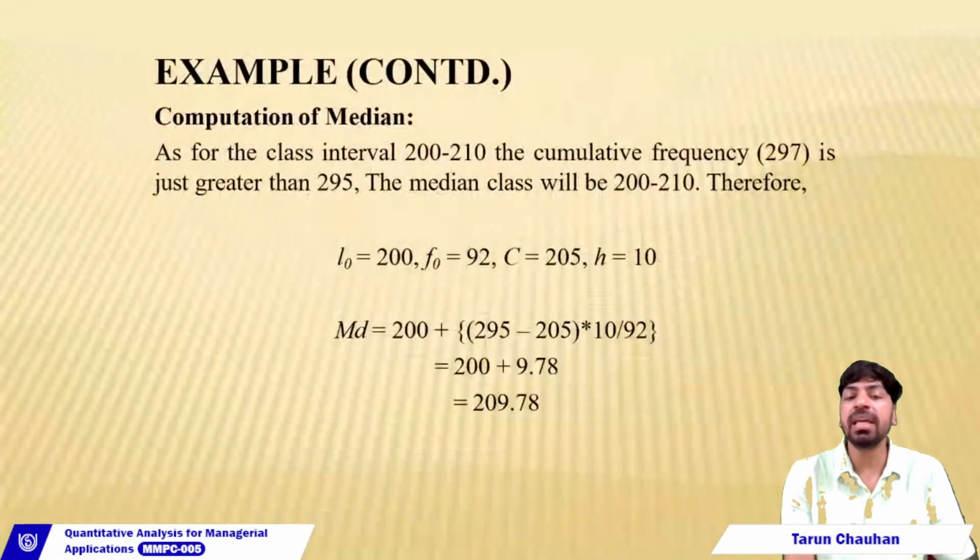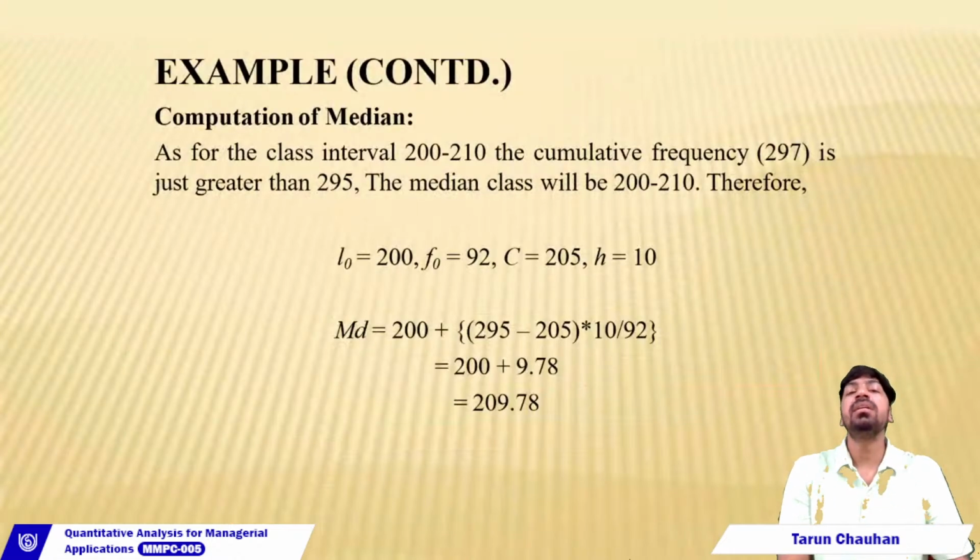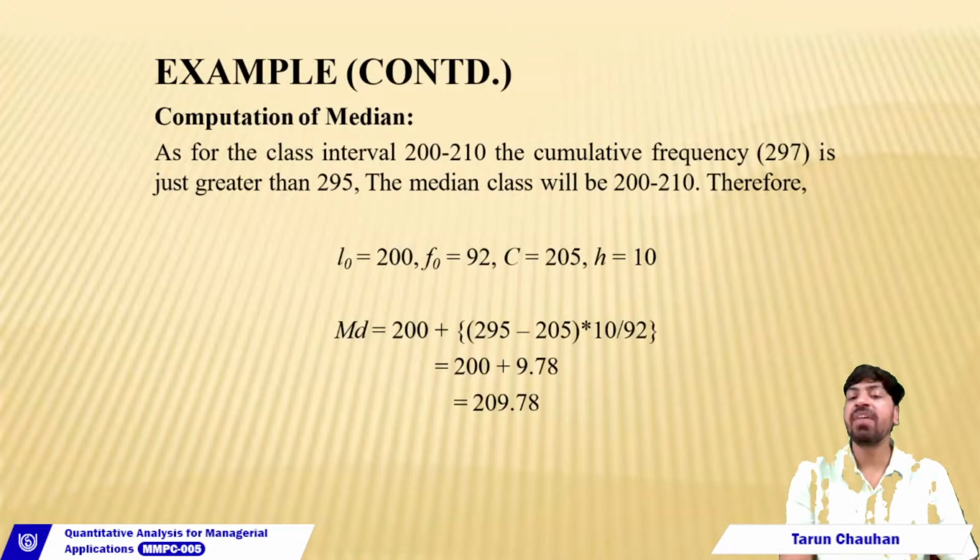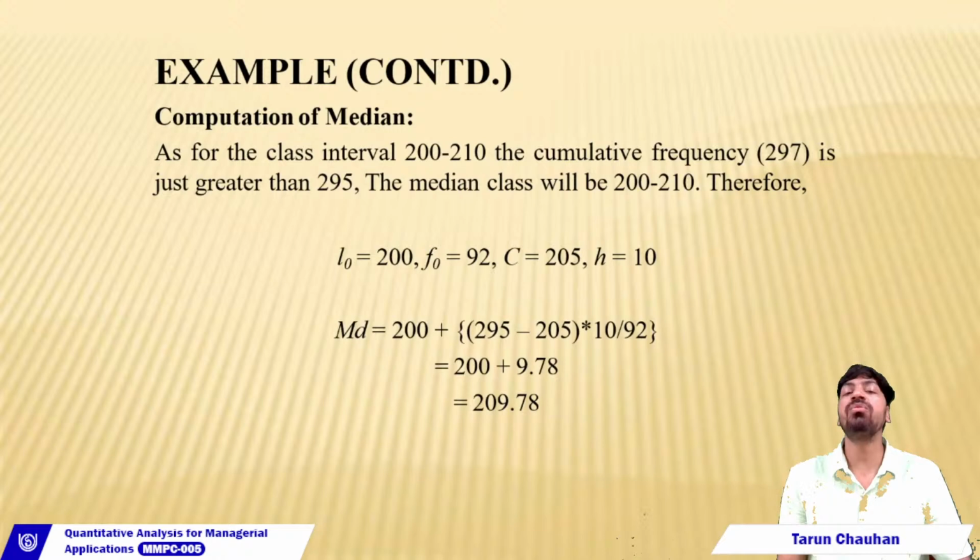So the formula says median is lower limit L plus 295, that is n by 2 item or term, minus C, where C is the cumulative frequency, divided by F, into H. Here F is 92, H is 10. Once you put the values into the formula, you will get the median, that is 209.78.